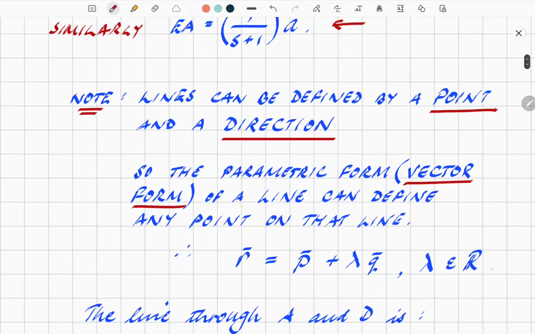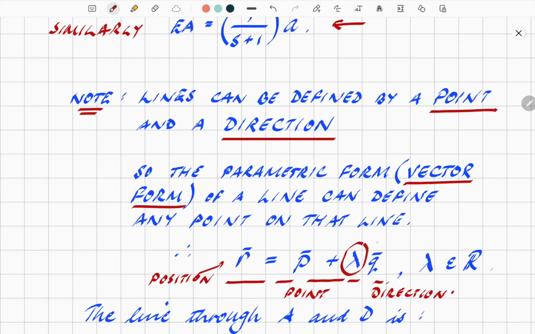This is the general form you're probably used to seeing: R being a position, starting with a particular point P, and Q is a direction, and lambda is some proportion, whether it's fractional or integer or greater than 1, whatever it may be.